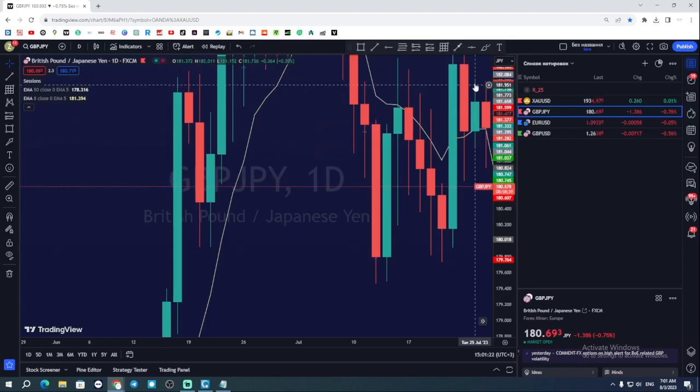The second one, they kept the previous day high, so they didn't take that out, but they broke the low of the day, so that means the next day I will expect to go lower.